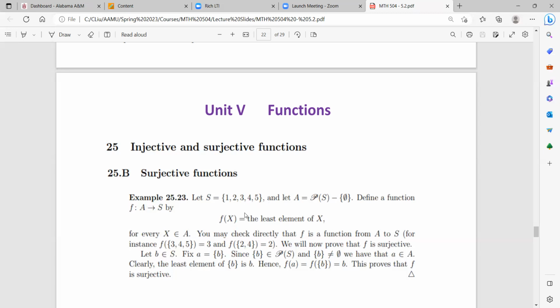Then all the elements in the domain, which is A, will include at least one number.